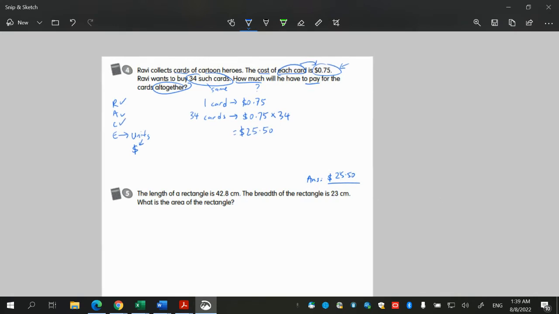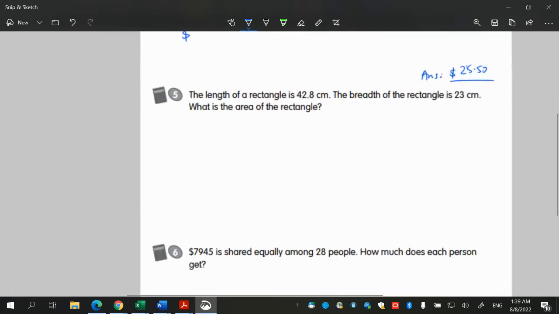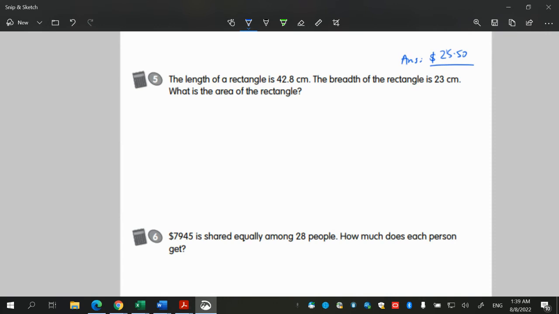So I chose my method. Moving on. Question 5. The length of a rectangle is 42.8 centimeters. The breadth of the rectangle is 23 centimeters. What is the area of the rectangle? There's this rectangle, quick annotation.